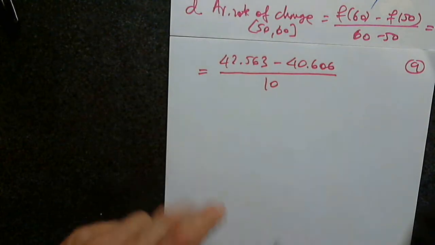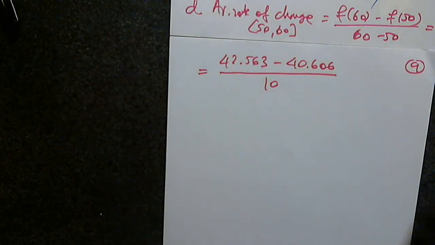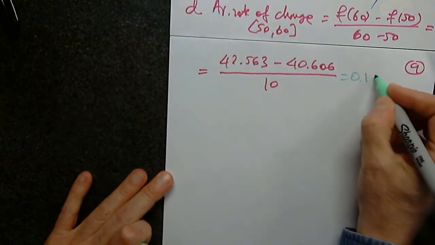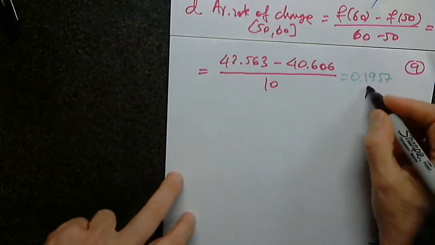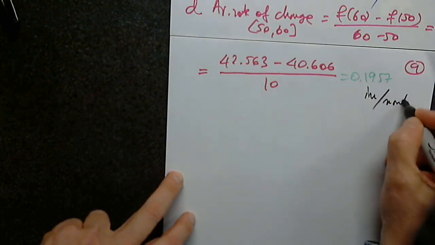Everything divided by 10. So let me know what you get. Give me the numbers. I got 0.1957. Correct me if I'm wrong. I need the measurement unit, please. Average rate of change between 50 and 60. Very good. Inch per month.